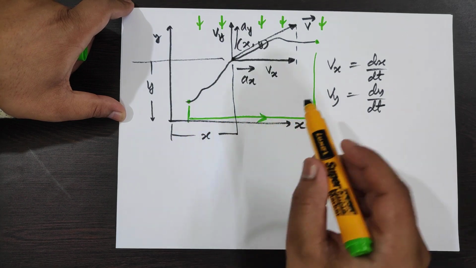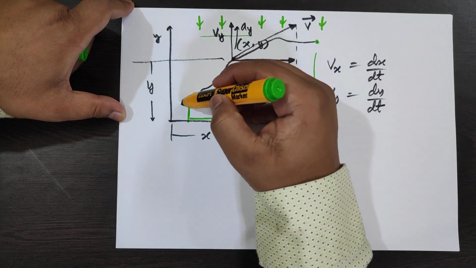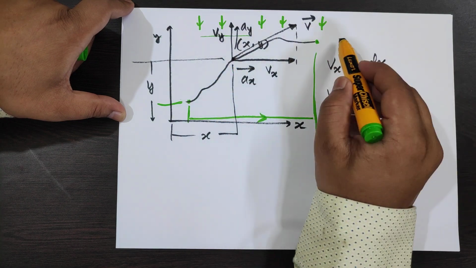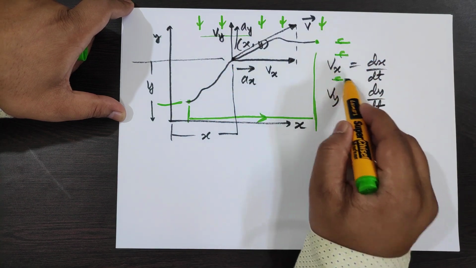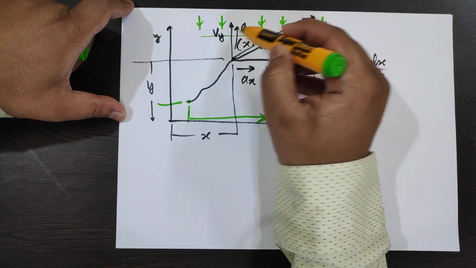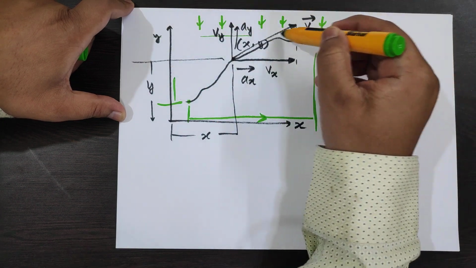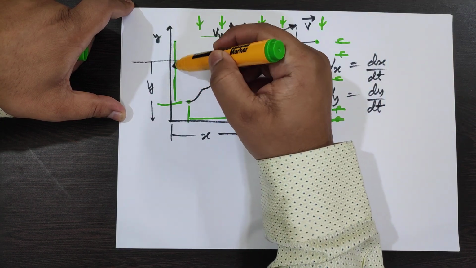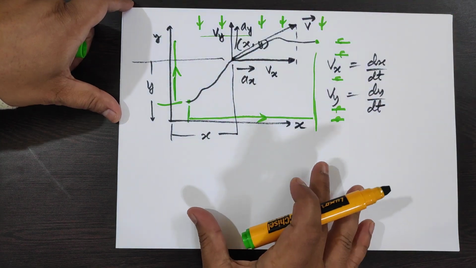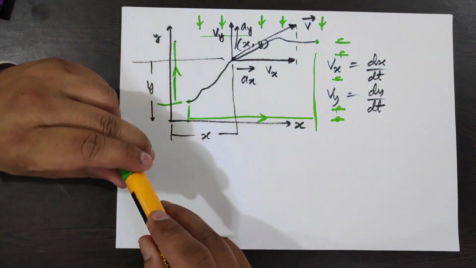If you have a parallel beam of light like this, you will see it going from here. Maybe it will come back, whatever, but it is split up into two one-dimensional motions.